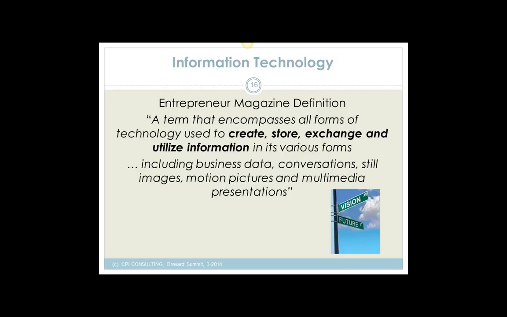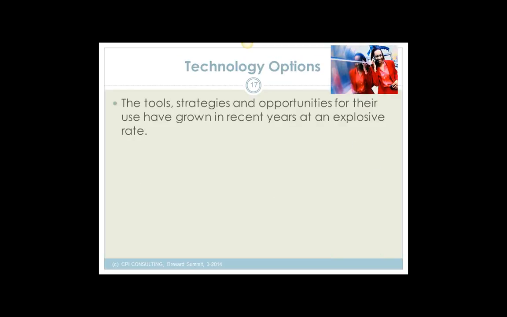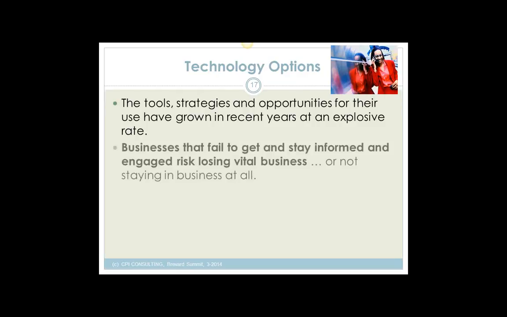Entrepreneur magazine defines information technology as encompassing all forms of technology used to create, store, exchange, and utilize information in its various forms, whether business data or conversations, images, motion pictures, multimedia presentations, or other information. And the technology options that we have today are just amazing because the tools, strategies, and opportunities are growing at just an explosive rate.